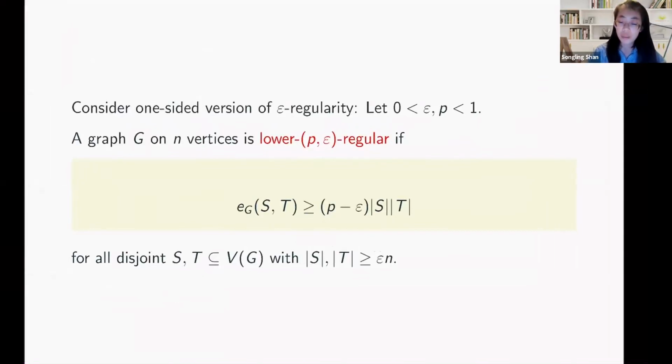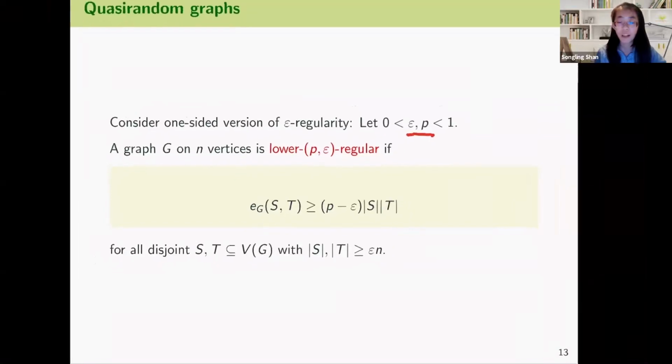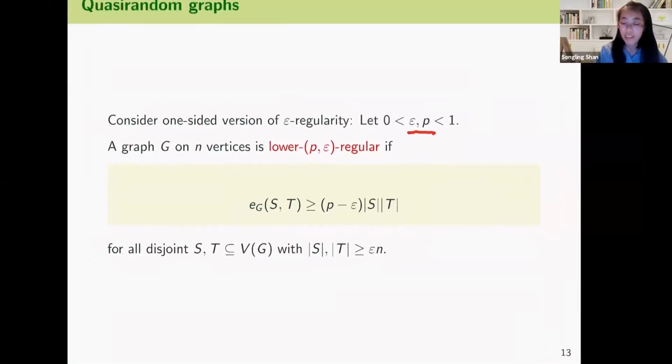So we take two real numbers epsilon and p, bigger than 0 and less than 1. We call a graph G on n vertices lower (p, epsilon)-regular if for any disjoint subsets S, T, each of size at least epsilon n, the number of edges between S and T is at least (p minus epsilon) times the size of S times T.